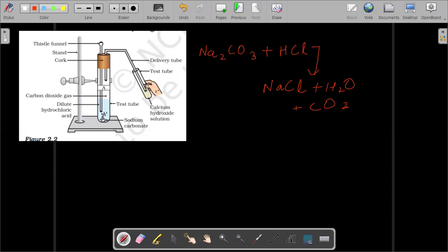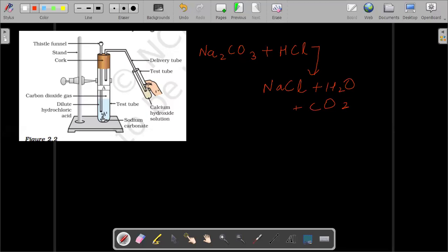Calcium hydroxide. Okay, what is the common name for calcium hydroxide? Slaked lime. And what is the formula? Ca(OH)2.